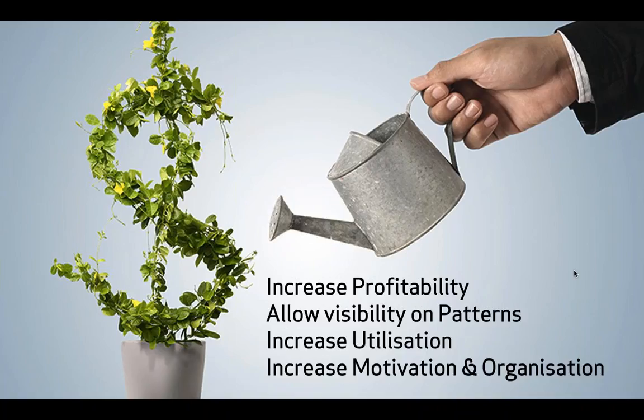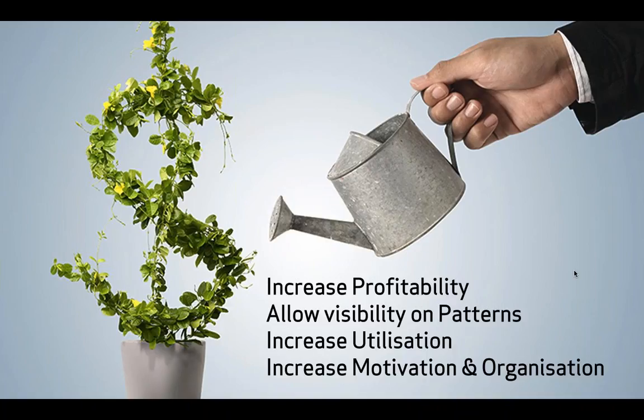And looking at the KPIs based on what you want. So if you want to increase profitability, okay, where can we increase utilization on resource to sell more? Or where can we be selling more hours? And by tracking these and actioning them, it will allow you to meet overall goals.